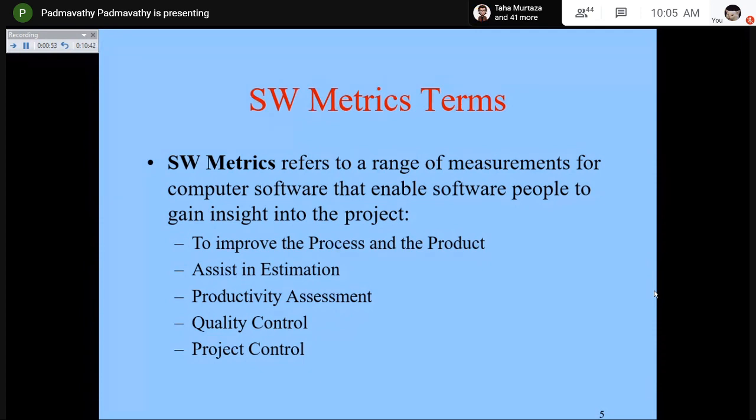And also it helps in assisting the estimation of a new project. And to assess the productivity of the particular team, as I told you, assess how a particular team member has worked well. Further, to find out how much of incentive has to be given. For all these, you need measurements.